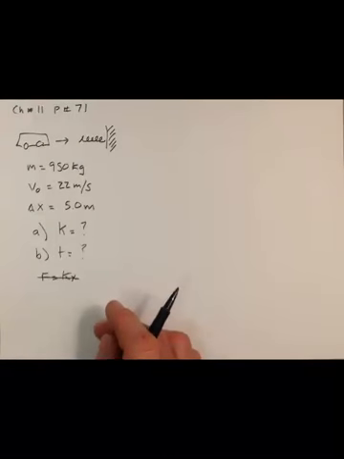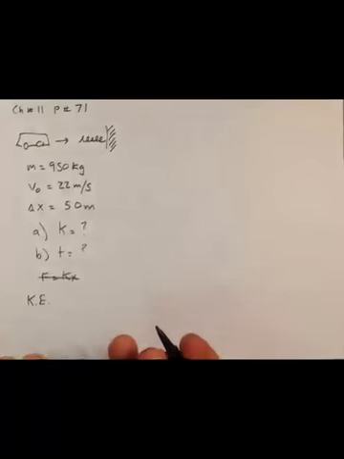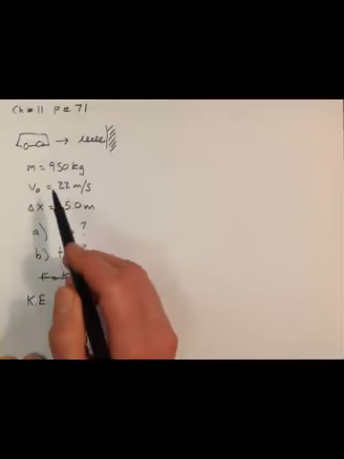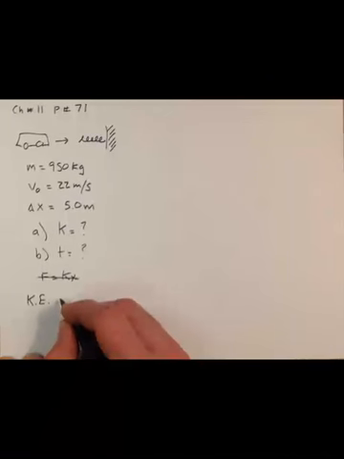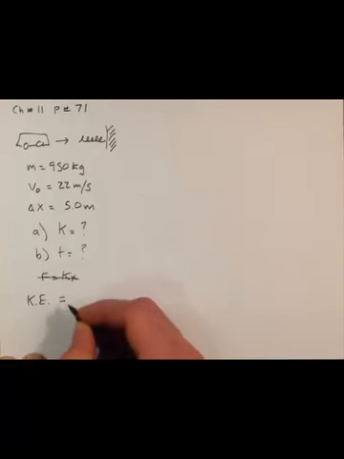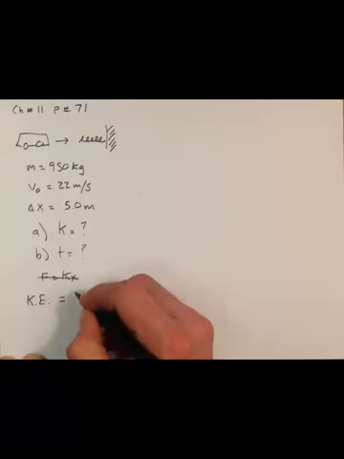Sometimes when we don't know force exactly, we can use the idea of energy. When the car is traveling towards the spring, it has kinetic energy. What happens to that kinetic energy when it hits the spring? Springs are an example of a conservative force, so the energy gets stored.